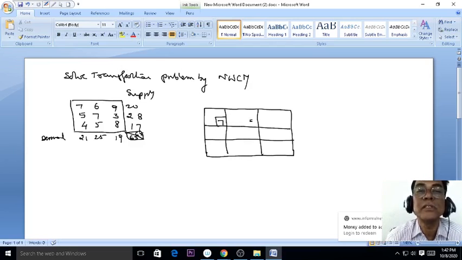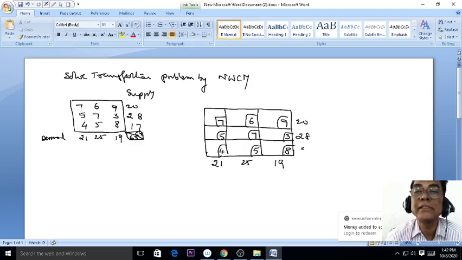Make a small box. 6 and 9. 5, 7, 3, 4, 5, 8. Then the demand 21, 25, 19. You write like this: 20, 28, and 17.